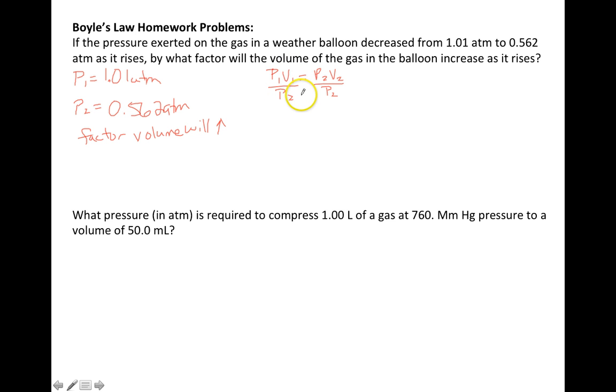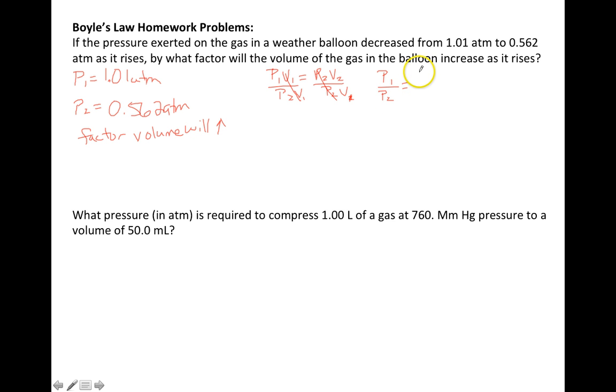And I could do the same with the V1 over V2, whoops, this should be a 1, not a 2. Then my V1s are canceling and my P2s are canceling, and what I end up with is P1 over P2.